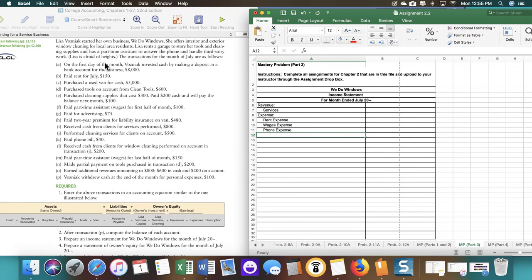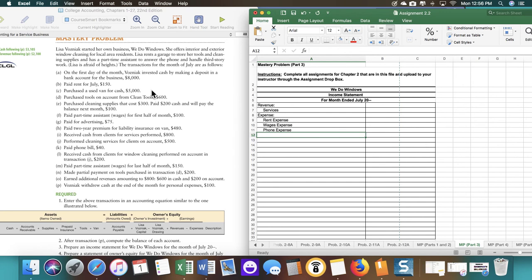So you would go through and total the amounts. We know that we only paid rent once, so that is going to be $150. Wages expense, we paid wages, looks like twice. And then we paid our phone bill. Oops, and I missed one. We paid for advertising, so we have advertising expense as well.